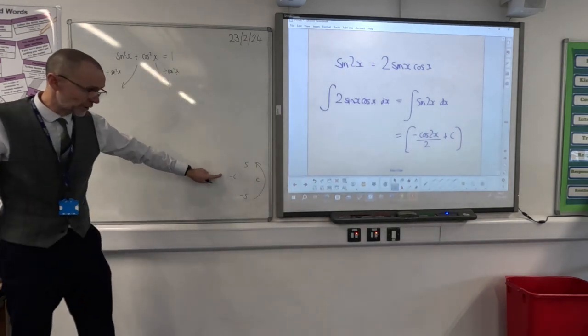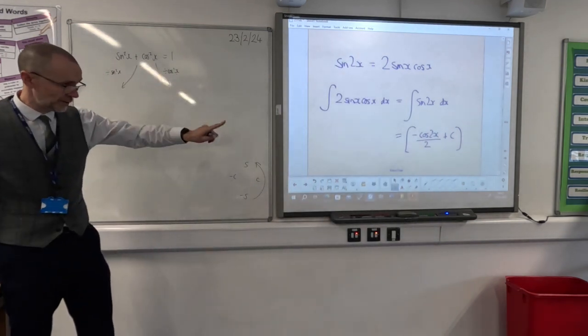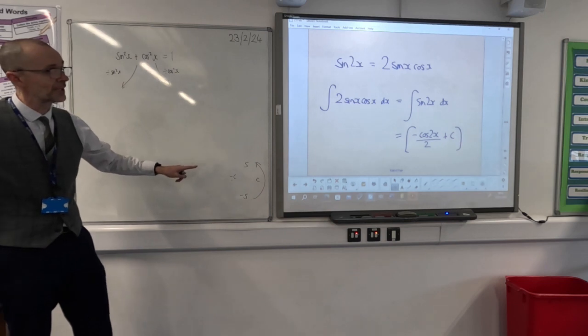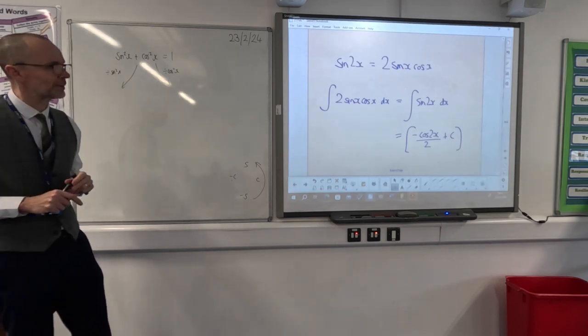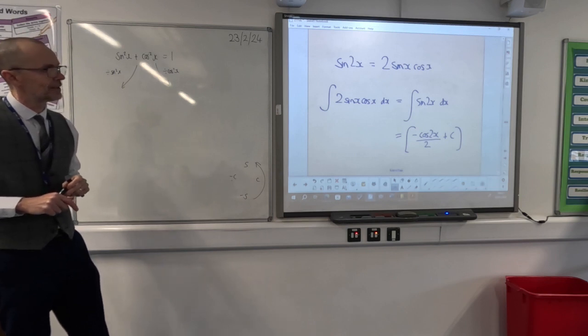Sine becomes minus cos. Sine 2x becomes minus cos 2x, divided by what you get when you differentiate the brackets. Didn't put in brackets, but divided by 2.